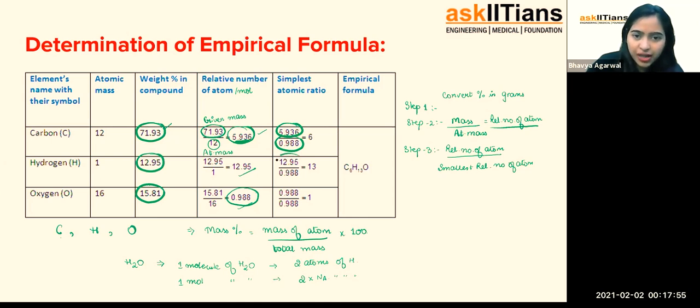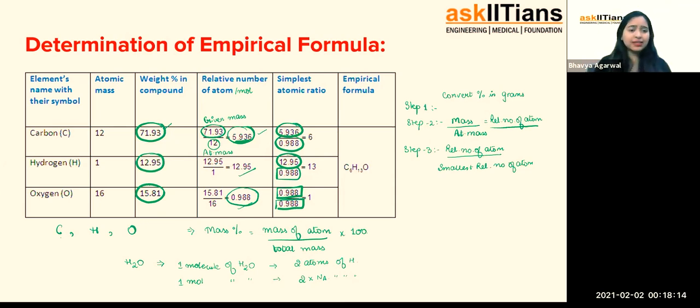Same way for hydrogen, its relative number divided by the smallest. So from there I get a number. Okay? It is that number which is the simplest atomic ratio.